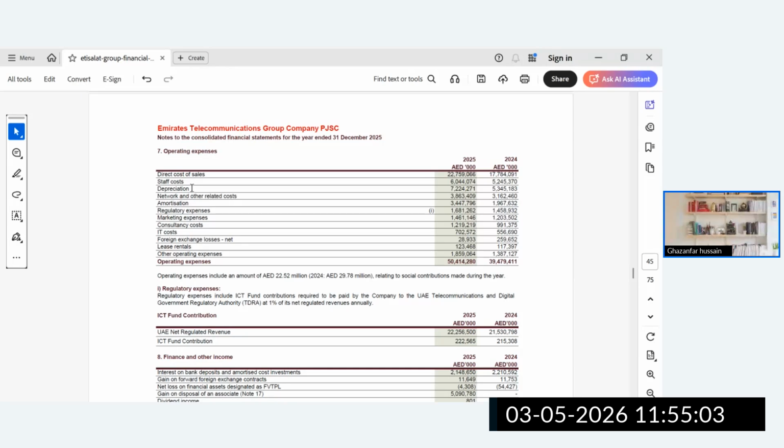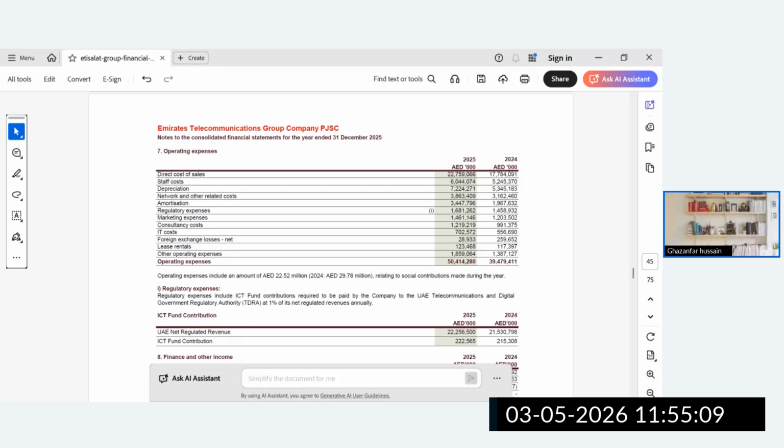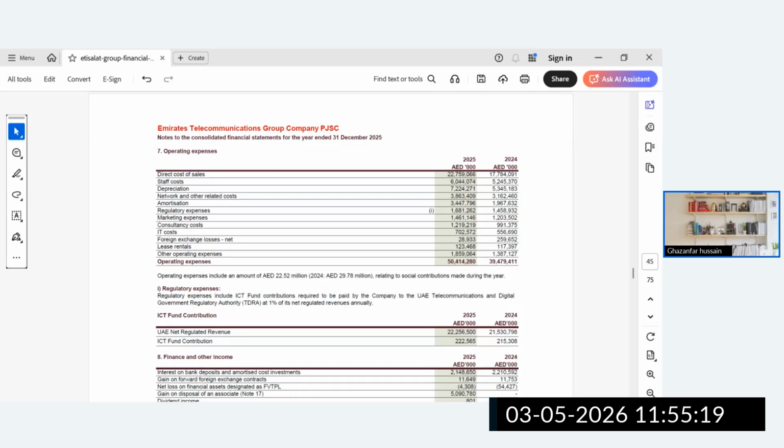So which figure are we going to take over there? The wording used is expenditure incurred in driving the operating revenue. I would appreciate it if you reply in the chat, question and answer in the meeting.